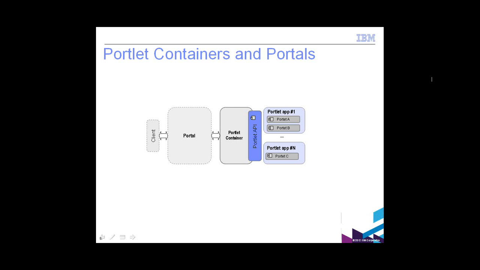They are not web pages, they are HTML fragments. The portlet container gives back the fragments to the portal. The portal constructs the entire page, fits in those fragments, assembles the entire portal page, and gives it back to the user. So this is how the entire thing pans out.